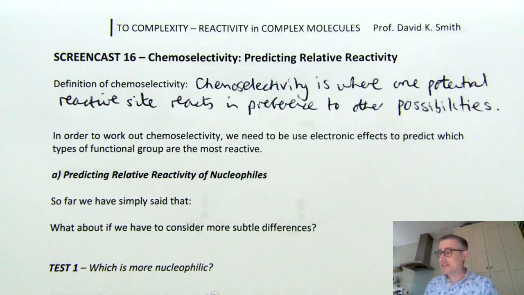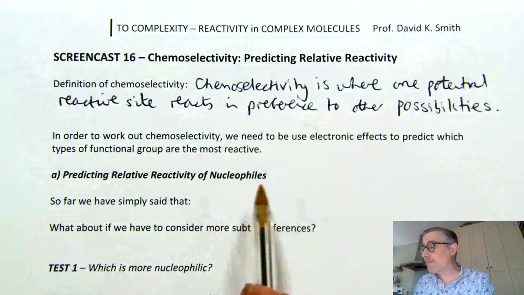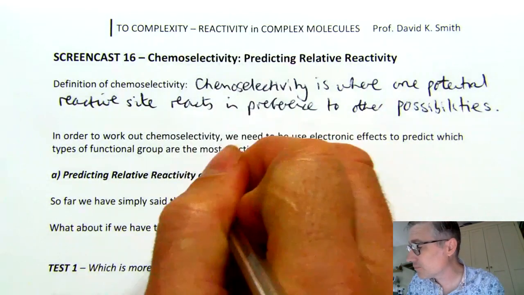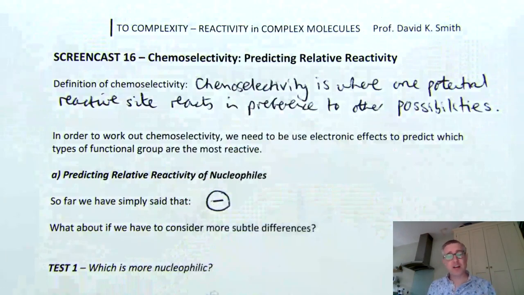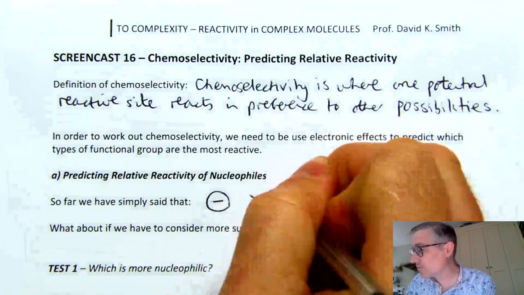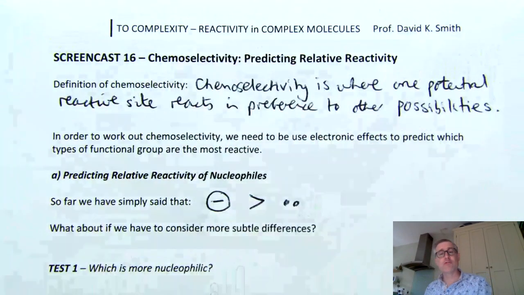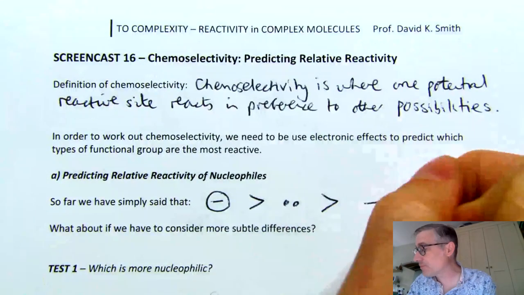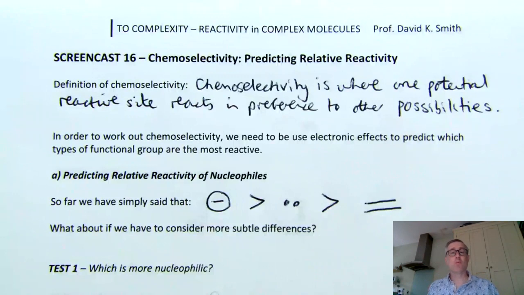Because in our simple basic rules of mechanism, we said that for nucleophiles, electron-rich things, the starting point of most mechanisms, we would prefer to have a negative charge over a lone pair, and we would prefer to have a lone pair over a multiple bond. And that is a very basic type of chemoselectivity.